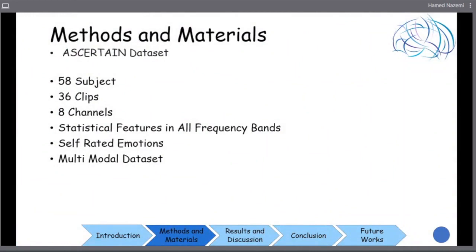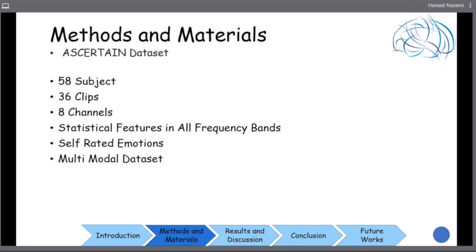In this research, we used the Ascertain dataset. The Ascertain is a public dataset published by Subramanian et al. This dataset contains psychological responses of 58 users while viewing 36 affective movie clips. Ascertain is a multimodal dataset. It contains EEG, ECG, GSR, and emotional self-ratings of users.